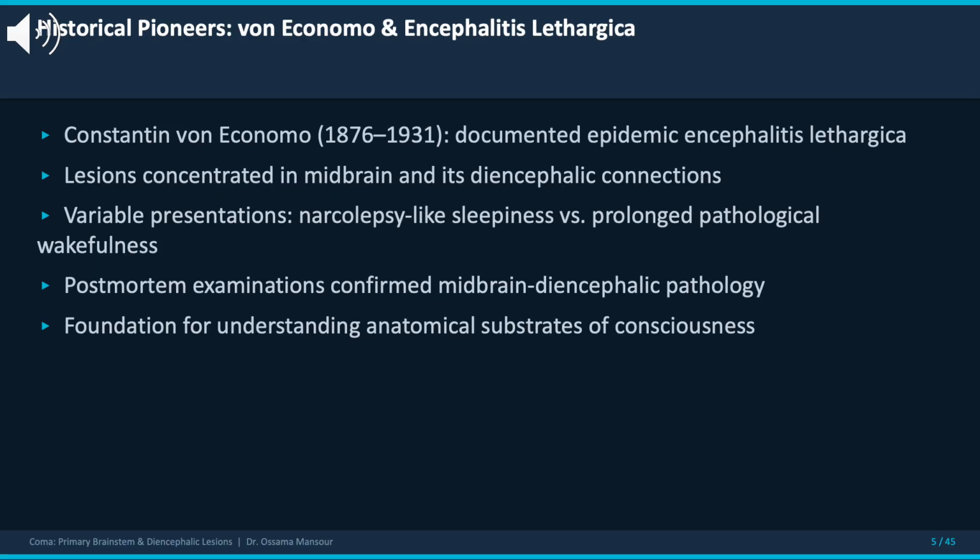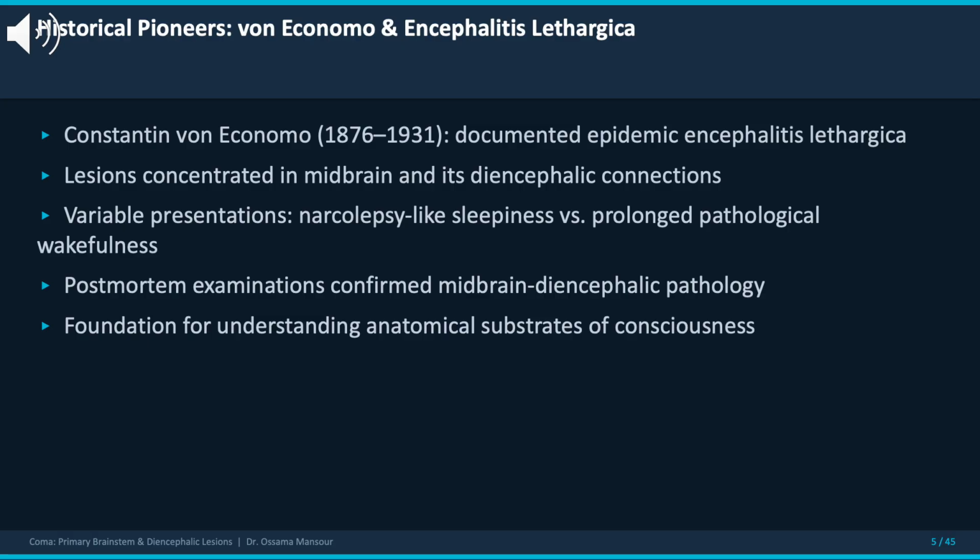The modern understanding of consciousness and arousal has deep historical roots. This concept was initially recognized by Konstantin von Economo, an Austrian neurologist who lived from 1876 to 1931, when he carefully reported the devastating epidemic of encephalitis lethargica that occurred in the first decades of the 20th century.